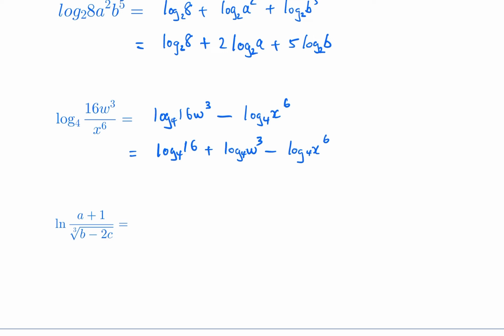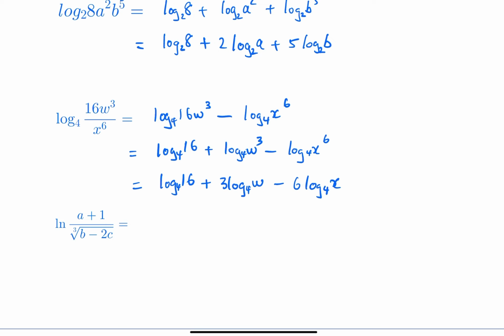Okay, now we can bring these exponents down. This exponent comes in the front as well as this. So now this becomes log of 16 base 4 plus 3 log of w base 4 minus 6 log of x base 4.